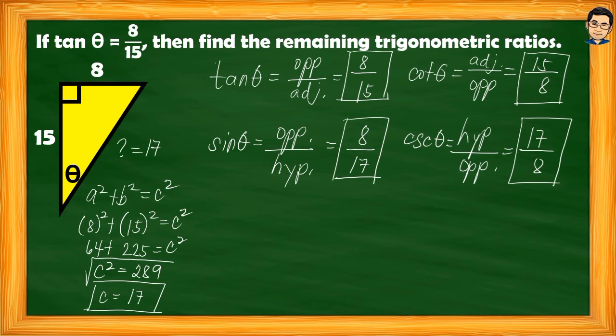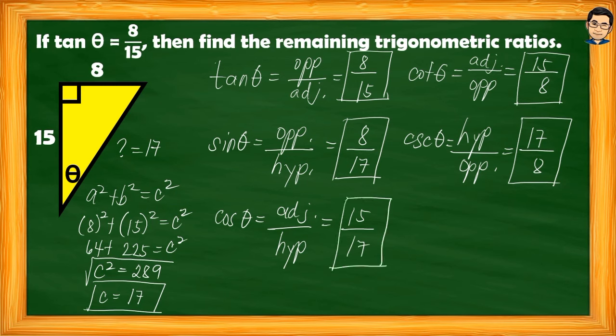And then next is cosine theta. So cosine theta is equal to adjacent over hypotenuse. So adjacent side measures 15, then the hypotenuse is 17. Therefore, cosine theta is equal to 15 over 17. And then last one, we have secant theta, hypotenuse over adjacent.